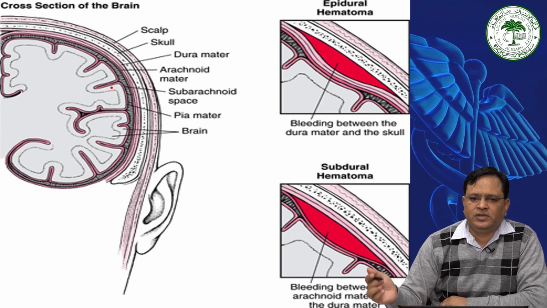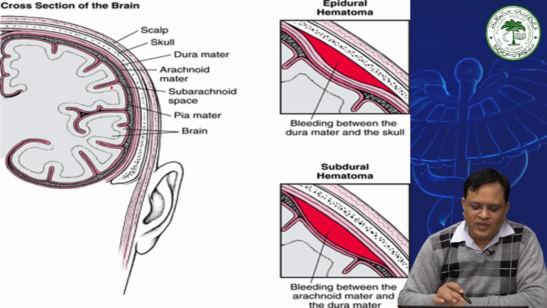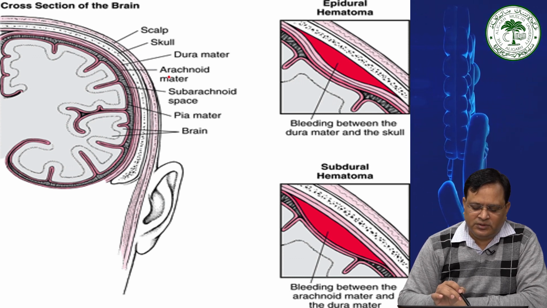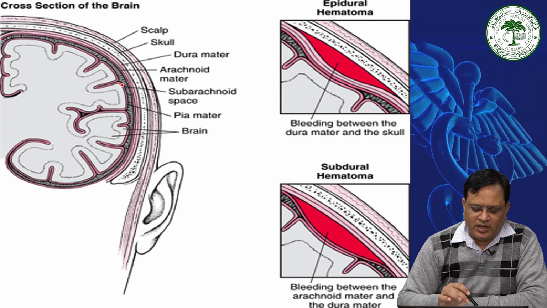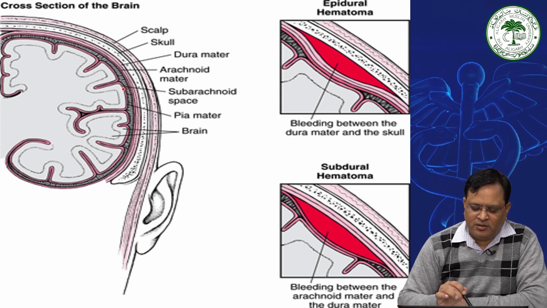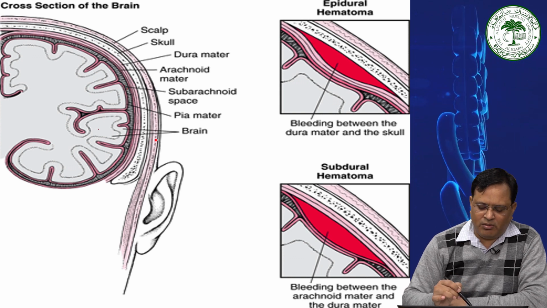Another diagram which will make things clear: scalp, skull, dura mater, arachnoid mater, subarachnoid space, pia mater which is covering the brain, and it is the brain. It is the normal anatomy.